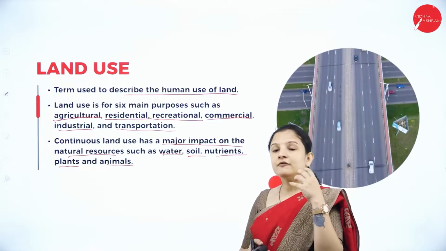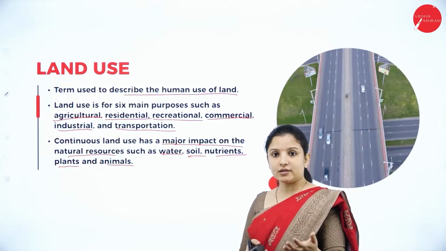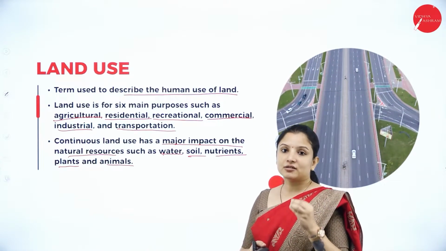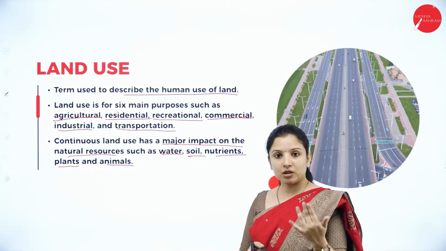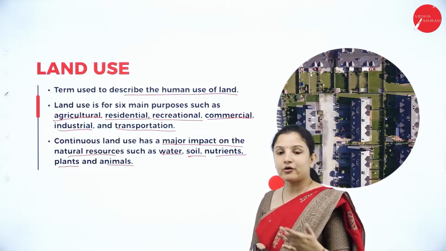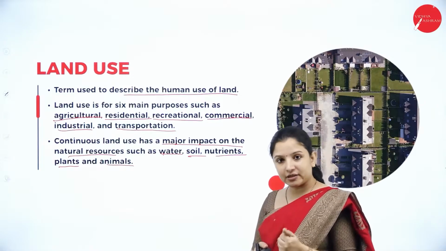Not just that, for constructing industries and roads and all that, we cut down a lot of trees, and that results in a lot of soil erosion, and therefore this soil erosion will lead to depletion in the nutrient quality of the soil, or the quantity of nutrients in the topsoil, and therefore the plants will get affected.